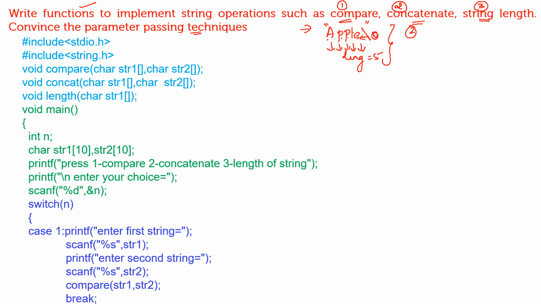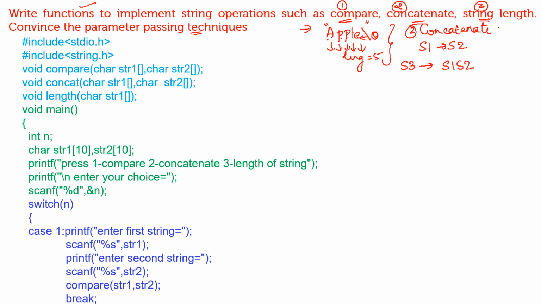Second one, let me take concatenate. What is meant by concatenate? Suppose you have two strings s1 and s2. Concatenation means you will be getting a new string which is equal to s1 followed by s2.